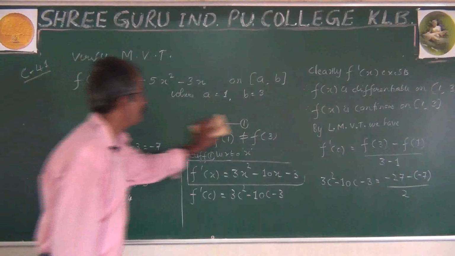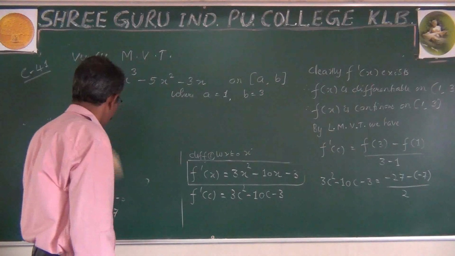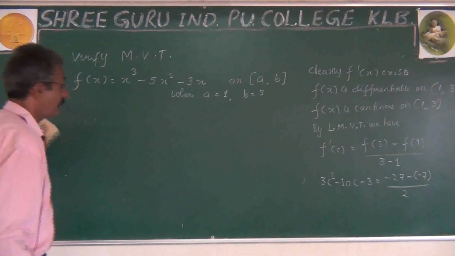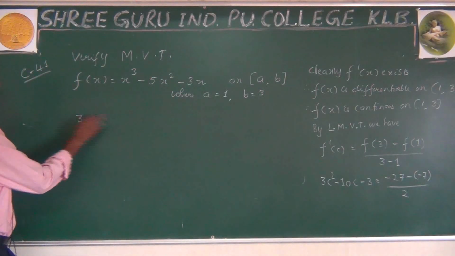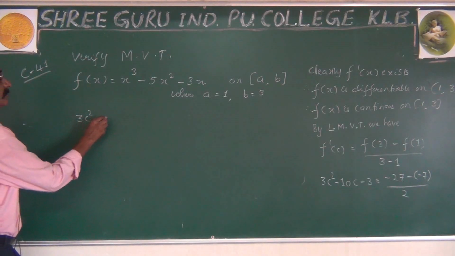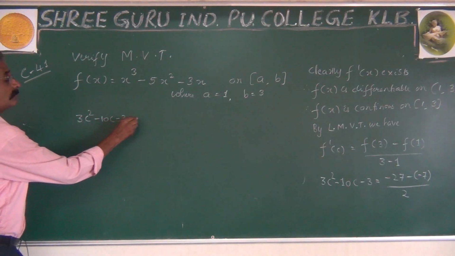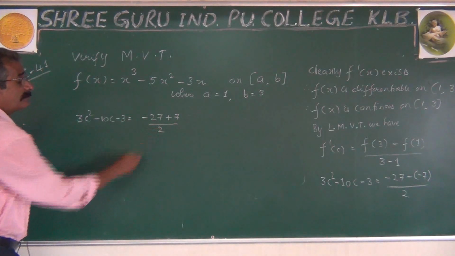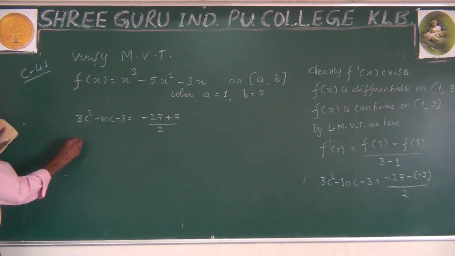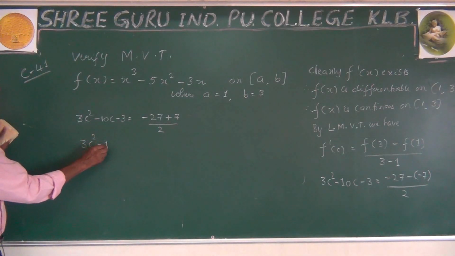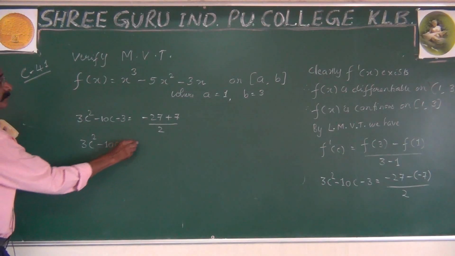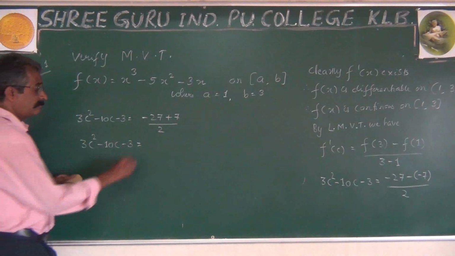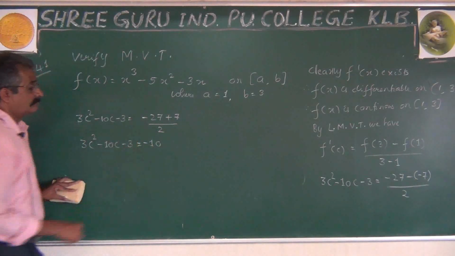Let's simplify. 3c square minus 10c minus 3 equal to minus 27 minus of minus 7, that is plus 7, divided by 2. 3c square minus 10c minus 3 equal to minus 27 plus 7, minus 20 by 2 is minus 10.